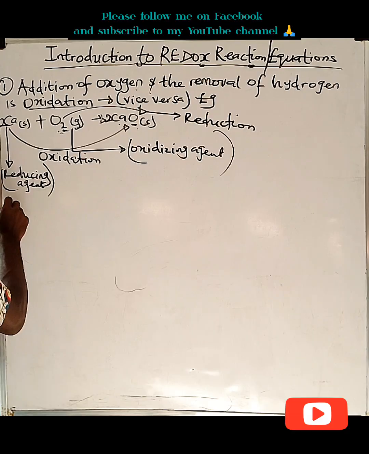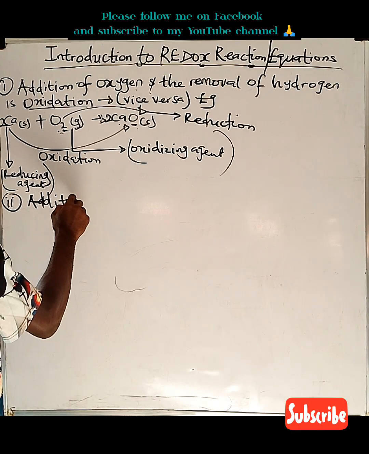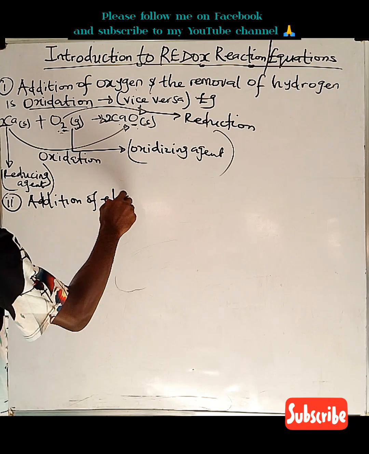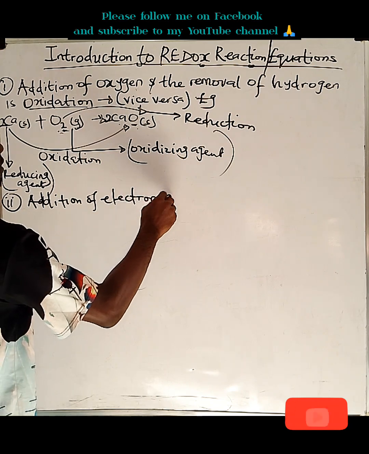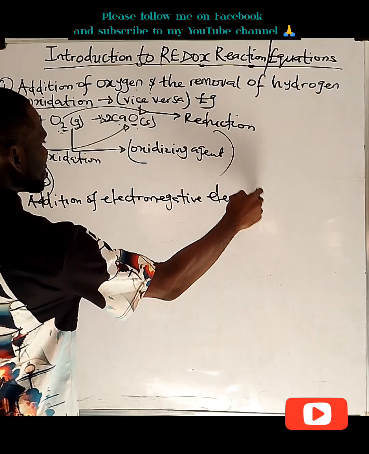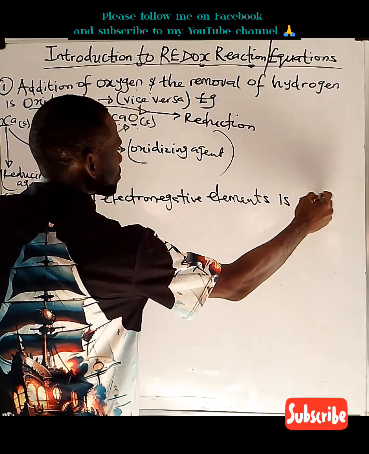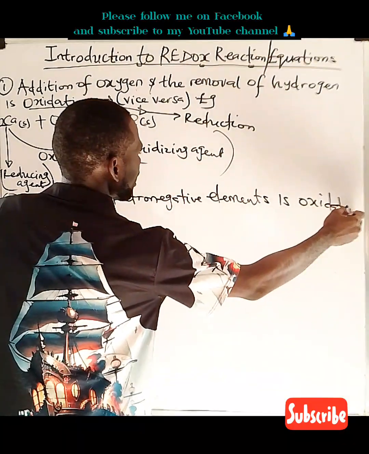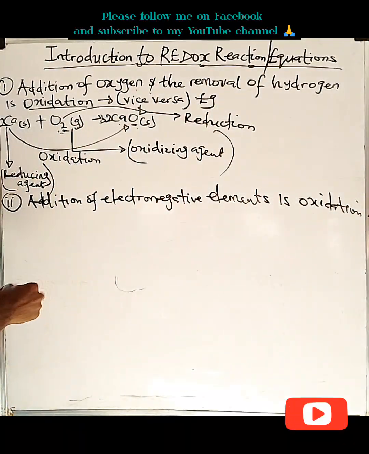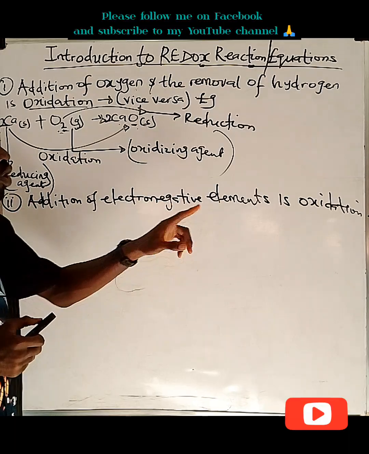The next situation we have is the addition of electronegative elements, which is oxidation. When you add electronegative elements to a given atom or to a given compound, we call that situation oxidation.